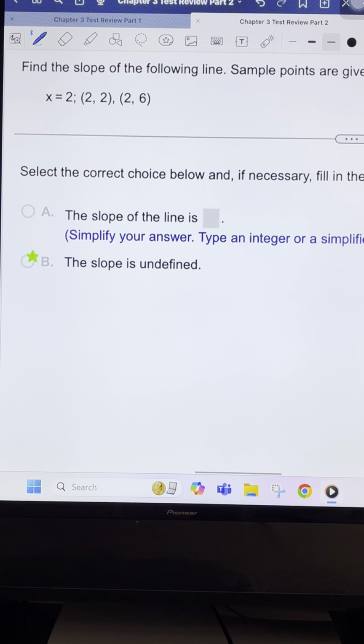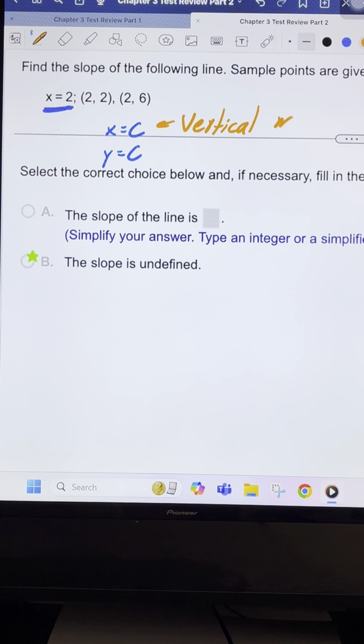So find the slope of the following line. This is very easy if we understand what the slope of lines with just an x equals c and a y equals c is, where c is just any number, a constant.